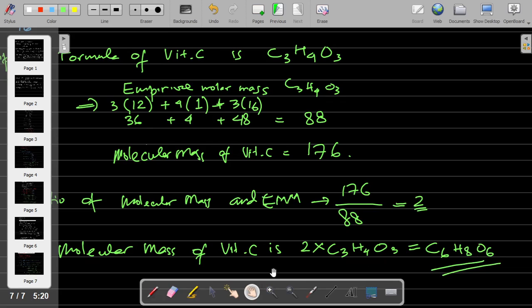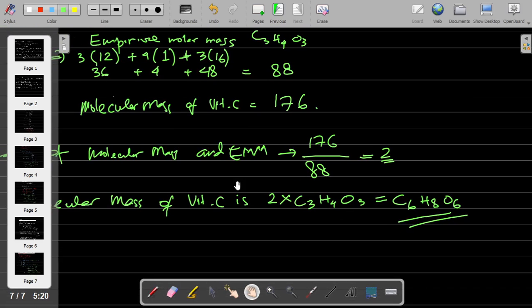So this is the molecular formula of vitamin C.